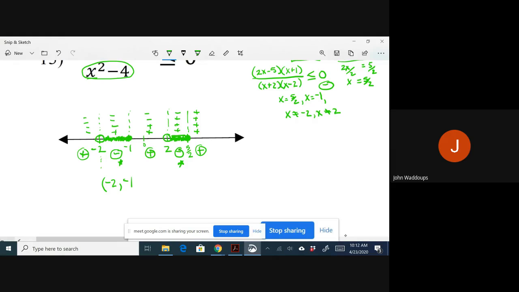Now, this is again another difference where it can be equal to -1, so we're going to have a bracket there rather than a parenthesis. Then we have union 2 to 5 halves, and once again, a bracket at 5 halves. And that would be our solution set for this.